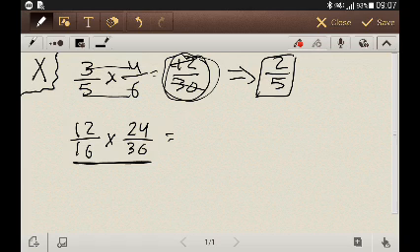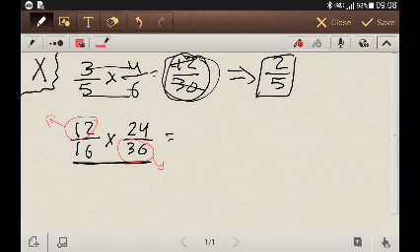You don't divide a numerator and its own denominator, that means you don't have to divide this and this. You can divide 12 and 36. 12 is a numerator, 36 is a denominator, so yes, you can divide them. If both of them are divisible by the same number, you can simplify.